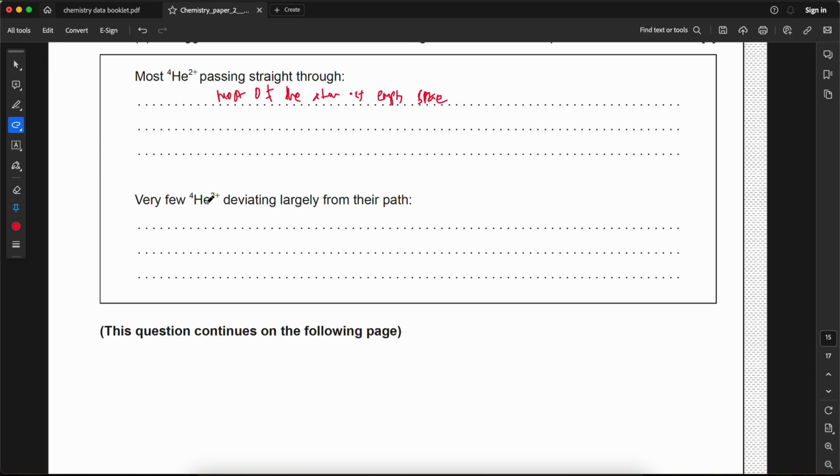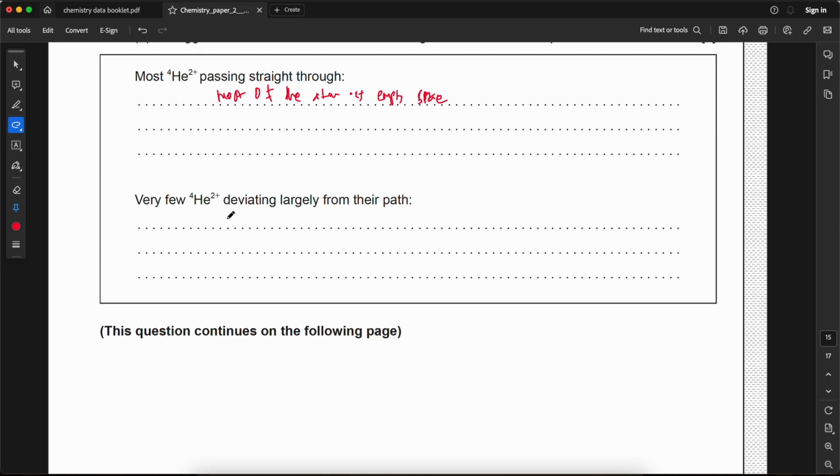The experiment with fast-moving He nuclei fired on a thin gold foil shows that most of the nuclei pass through the foil undeflected. This implies that atoms are mostly empty space, because the majority of space within an atom allowed the helium nuclei to pass through without interaction.